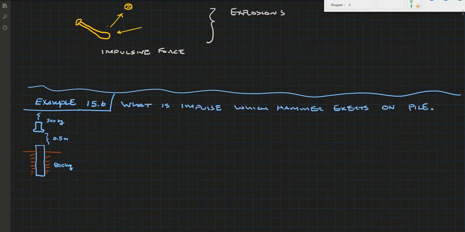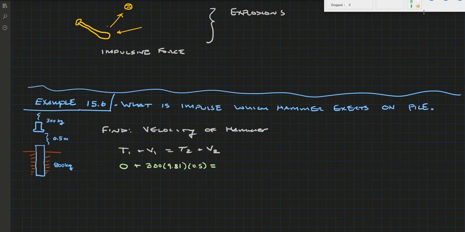That's different from the actual problem, but we'll see that our answer is the same. Let's use momentum to solve this problem. First off, though, we need to find the velocity of the hammer just as it strikes the pile. We can use conservation of energy to do this. So we have T1 plus V1 equals T2 plus V2.